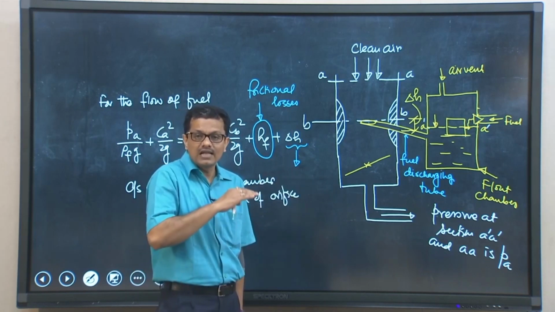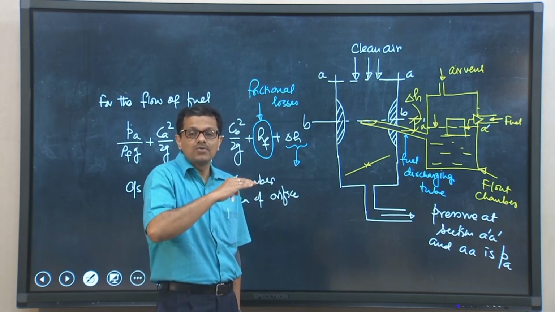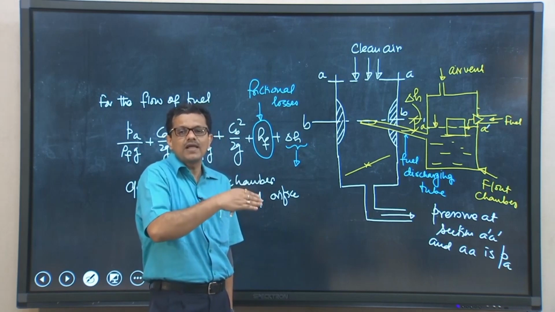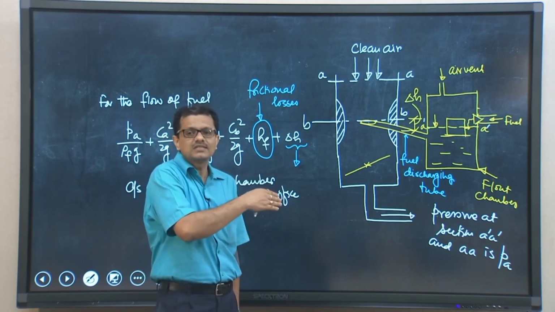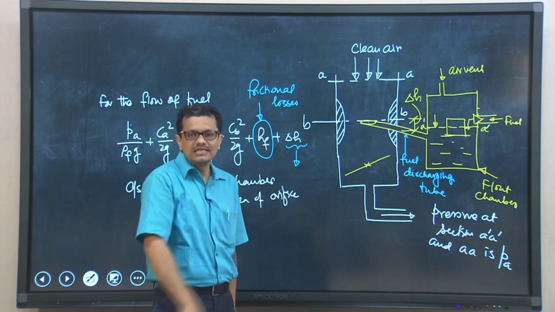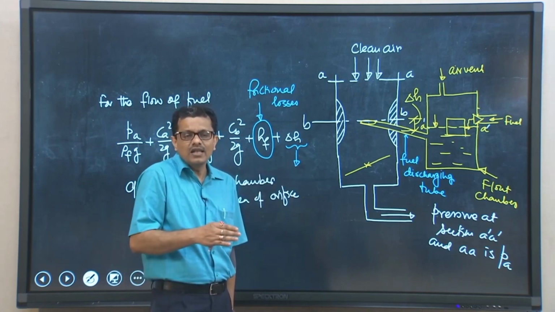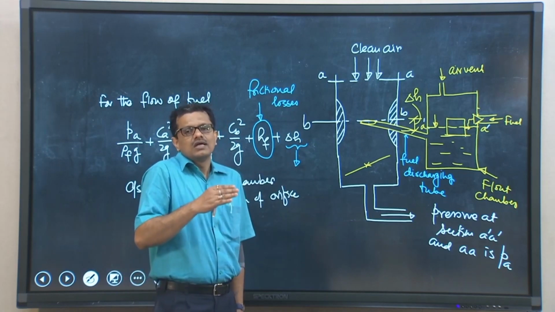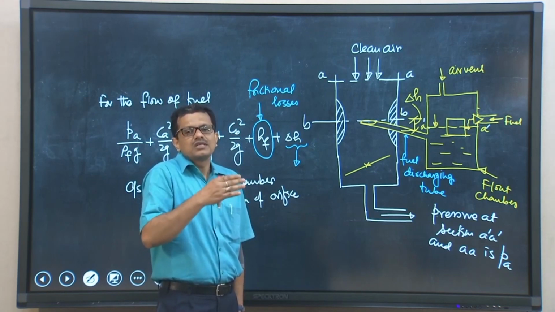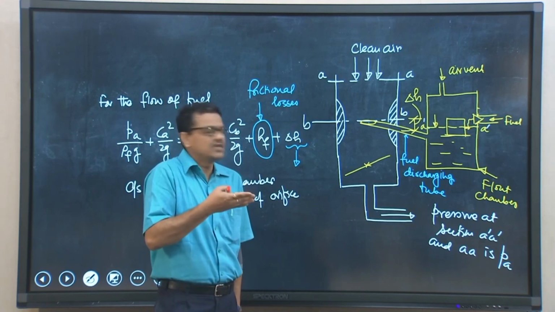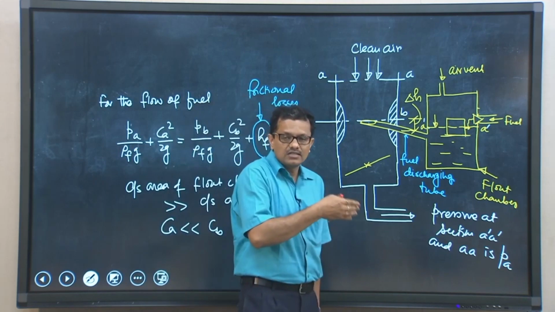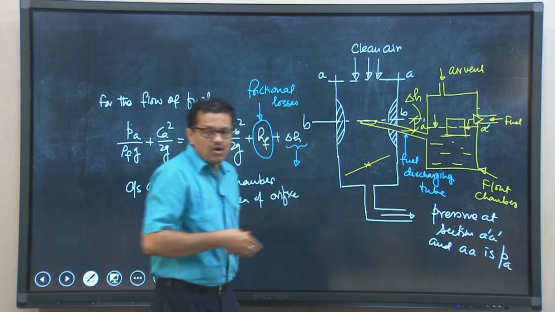So, what we can do? We can have a more or less continuous supply of air fuel mixture from this carburetor to the engine cylinders, and that will lead to almost steadiness of the air fuel mixture flow. That is what we can see.